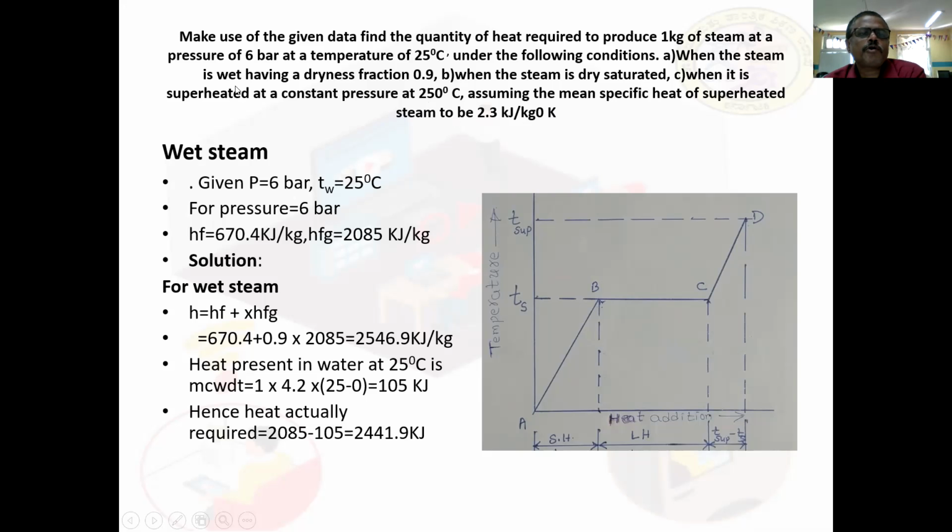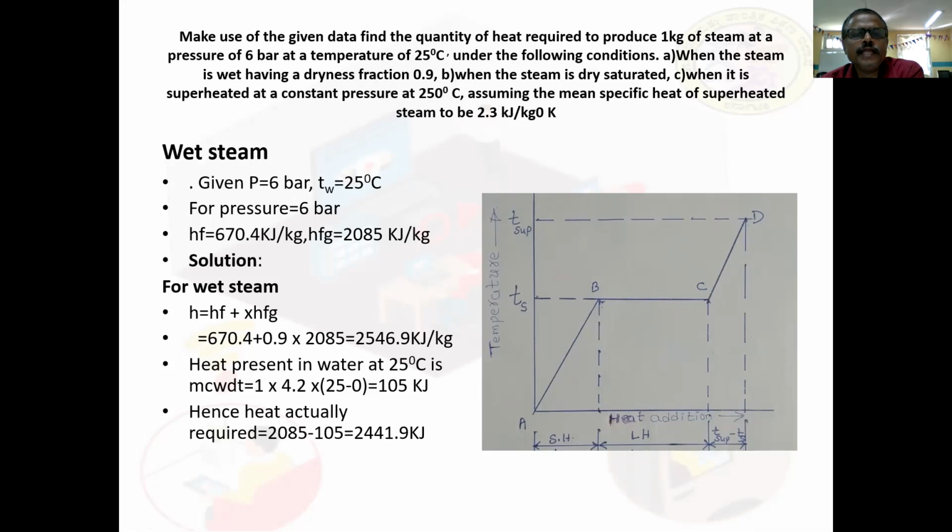So there is a problem that is given to you. What it says is that you are finding the steam in three different conditions: wet steam, dry steam, and superheated steam.